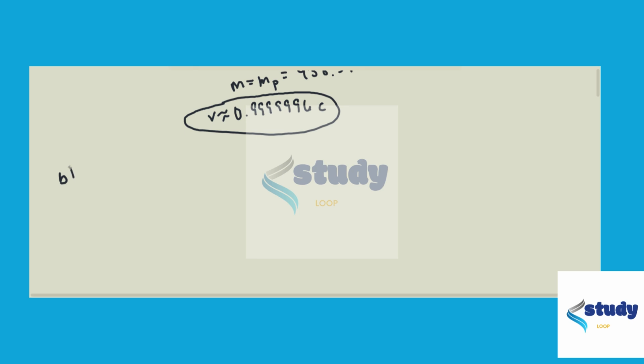So in part B, we're asked to find the angular frequency of a proton moving with this velocity in a magnetic field with strength 4 Tesla. And we're asked to do this both non-relativistically and relativistically and compare the results.